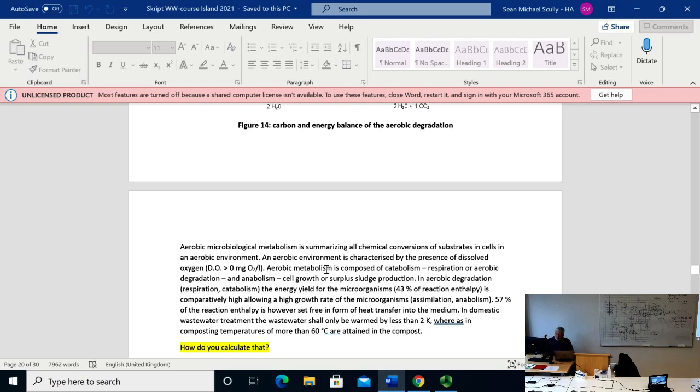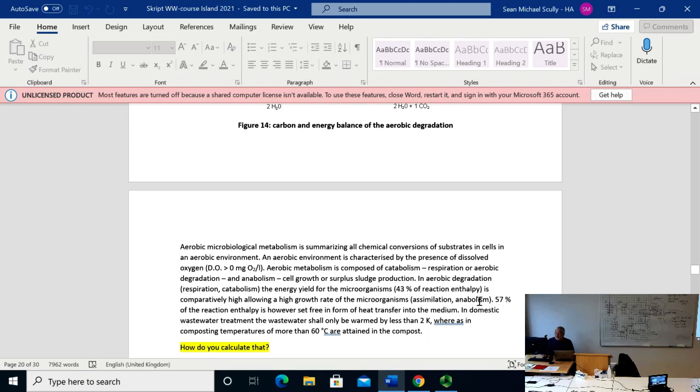In biotechnologies, you often want cell growth. We, as wastewater engineers, would prefer to have less surplus sludge and rather have more respiration. In aerobic degradation, respiration, catabolism, the energy yield for the microorganism is 43% of reaction enthalpy, which is comparatively high, allowing high growth rates of the microorganism.